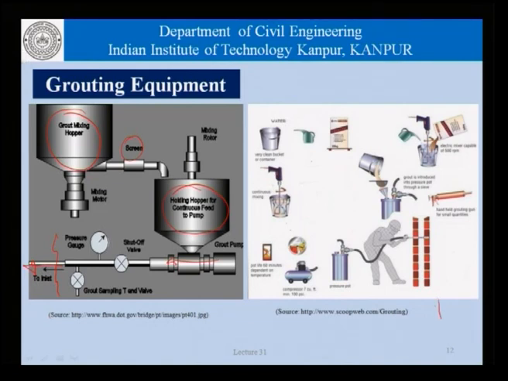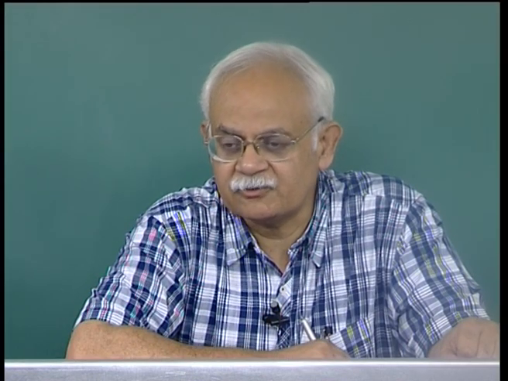This here is another example where we can see that there is a person involved at the end of it carrying out the grouting operation, and the quality of grouting done is very much related to the skill of the person involved. So, there is no denying that workmanship is one of the very important determinants as far as quality of grouting is concerned.